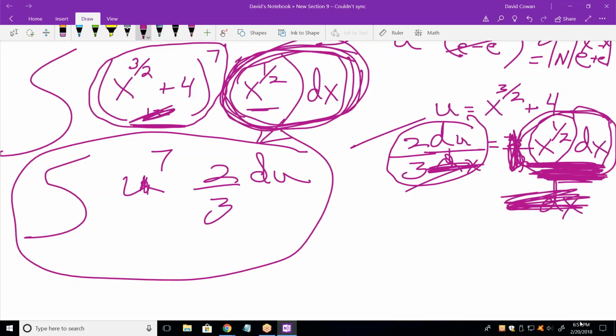I'm just going to substitute 2/3 du for that x to the 1/2 dx. I think that's more the standard way it's taught. It's actually a little more understandable if you do it the longer way, because you can see what substitutes where and what gets canceled a little more easily, I think.